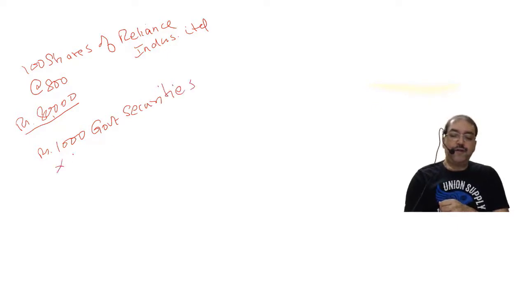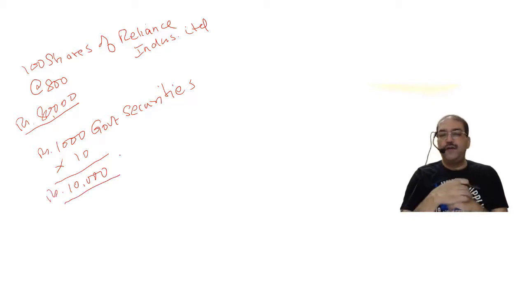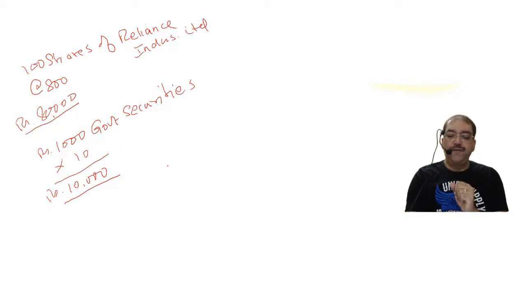And I purchase 10 such securities. So I'm having 10,000 here. Okay. Government bonds, you can say, government securities. At the same time, I may invest in Tata Motors and I may purchase some shares, say about 800 shares here of Tata Motors.